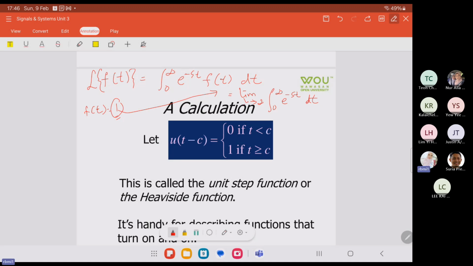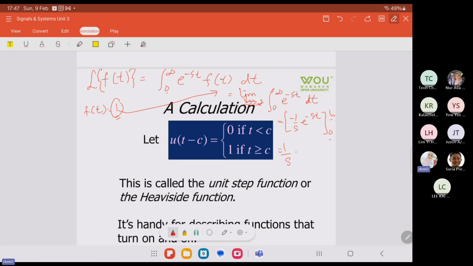Okay, when we set h to infinity, it is minus 1 over s, e to the minus st from 0 to h. Initially, it is from 0 to infinity, but we replace it with the h. So when we plug in the value, we get 1 over s.